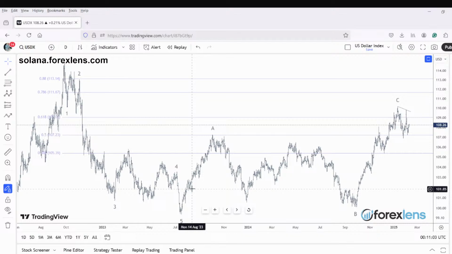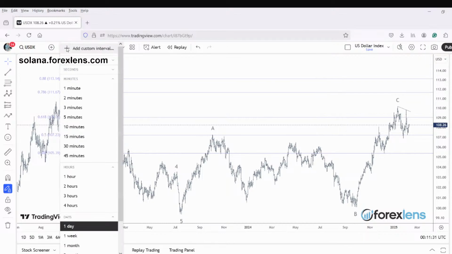What is seen on the right hand side is an ABC corrective wave, which rallied all the way through the 61.8% Fibonacci retracement as well, just above that. And the next story continues on the hourly chart from there. So a meaningful top seems to be in place around 110.19 on the 8 cap provider.